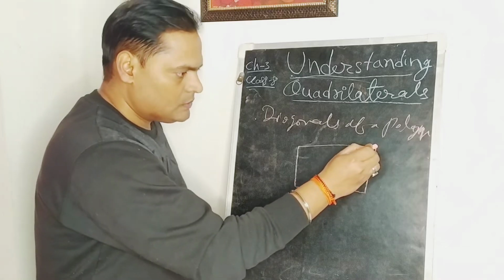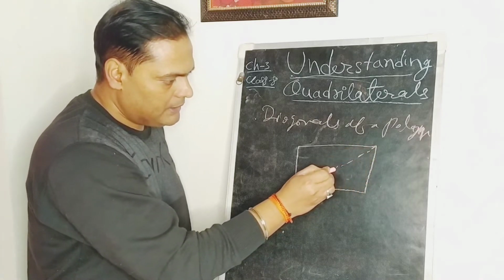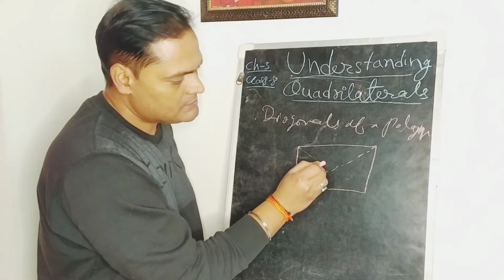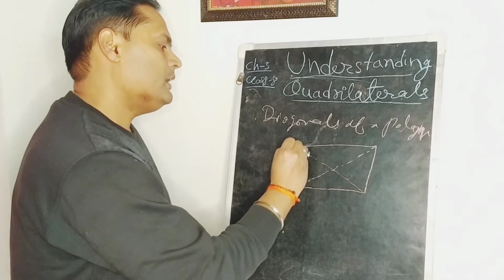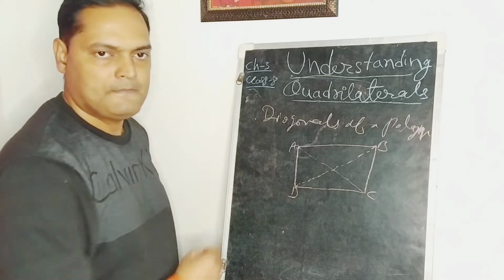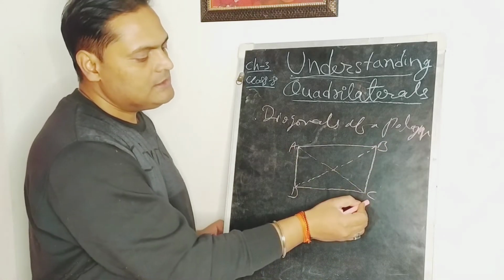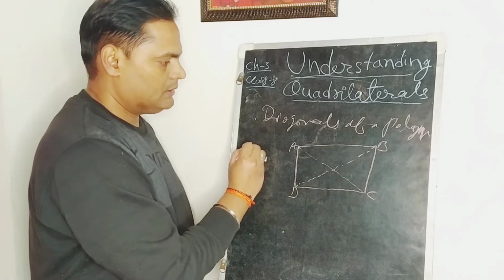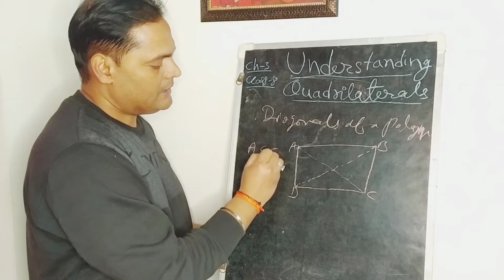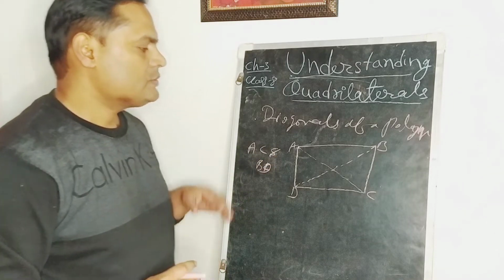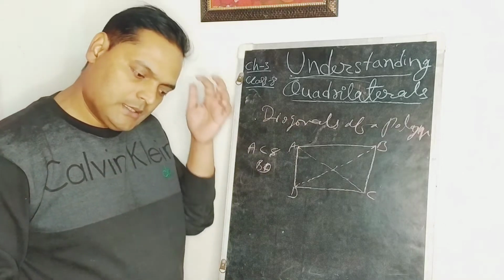Lines meeting the opposite vertices, like this, A, B, C and D. So AC and BD. These are the diagonals.